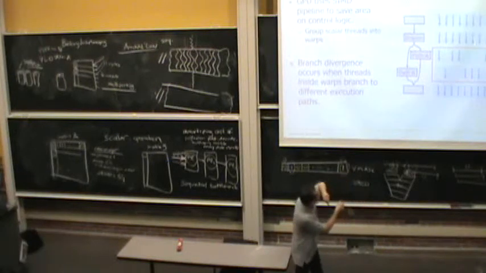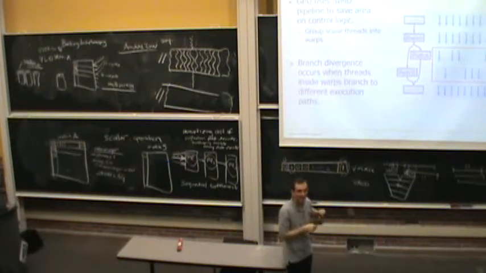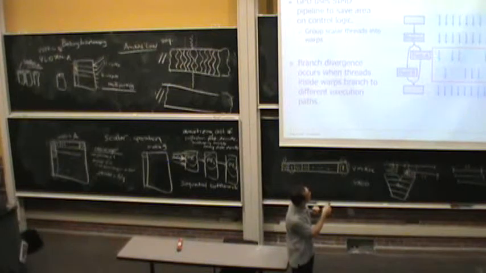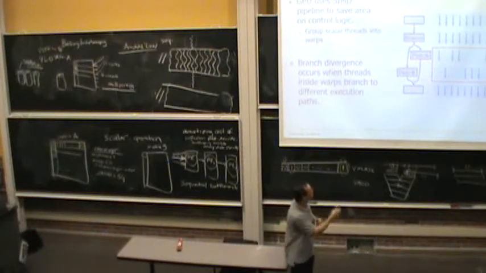Let's say you had other warps, 1, 2, 3, 4, 5, 6, 7, 8, that are also doing the same thing. You may be able to figure out which ones are actually executing path A and which ones are actually executing path B, and pack different threads together. So some GPUs actually do this optimization in hardware to improve the efficiency of this.